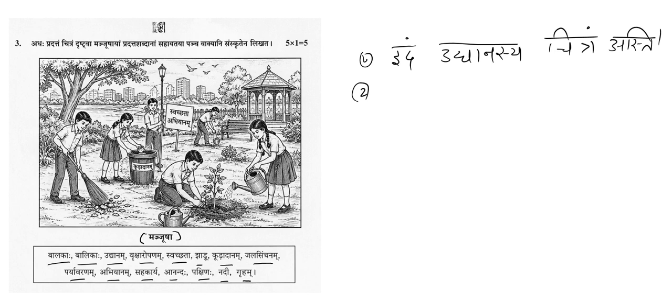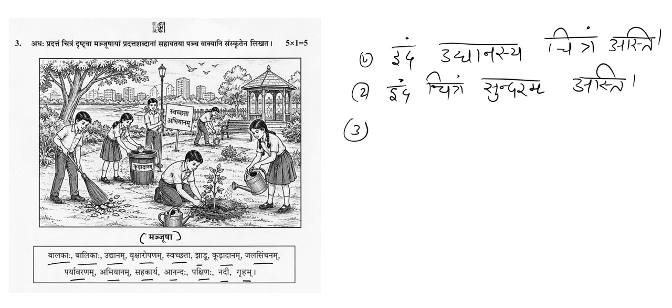Based on these words and whatever we can observe in the picture, we are going to write. You can write: Idam chitram sundaram asti. So two lines we have completed.